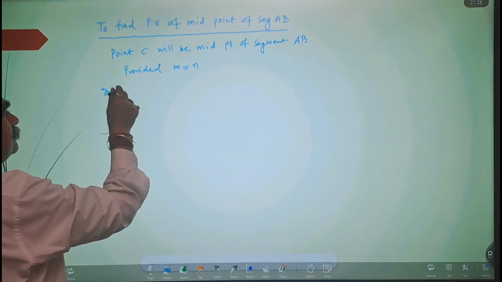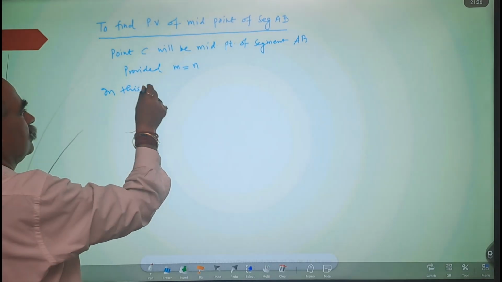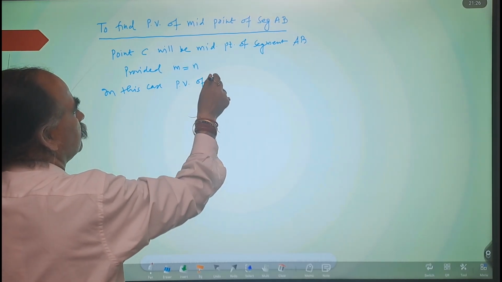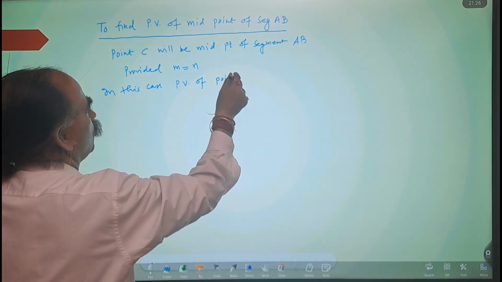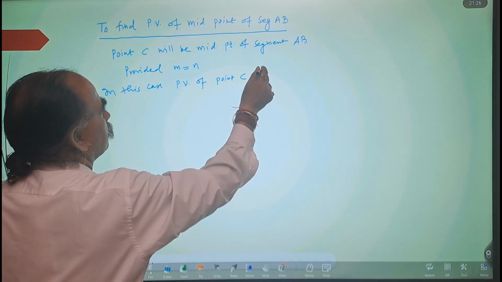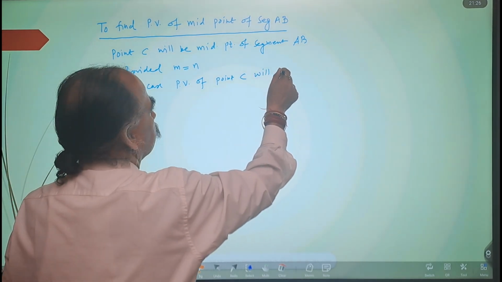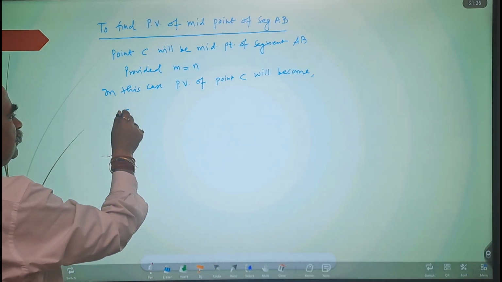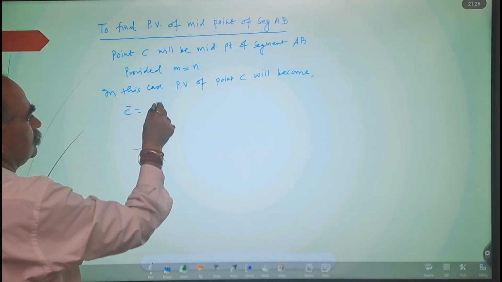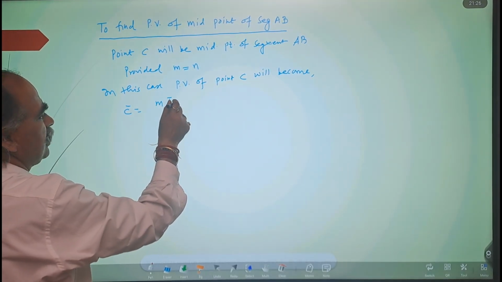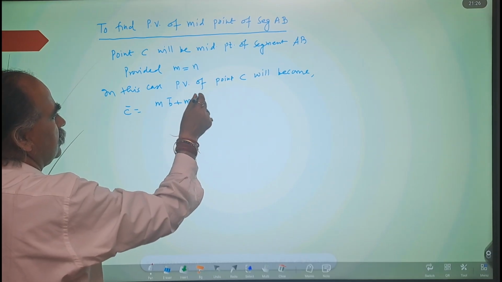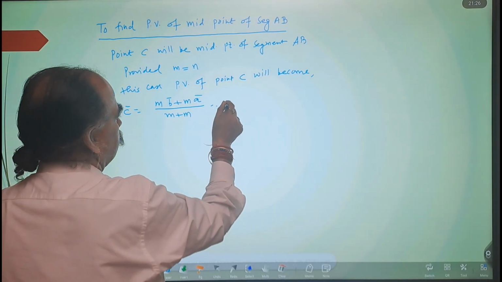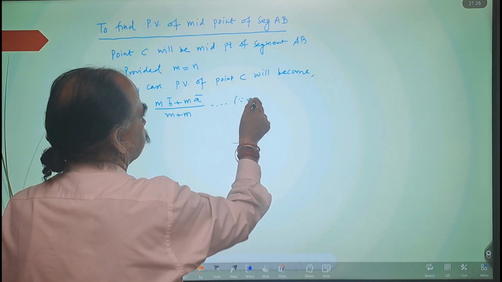In this case, position vector of point C will become C bar is what? m B bar plus m A bar upon, since n is equal to m, 2m.